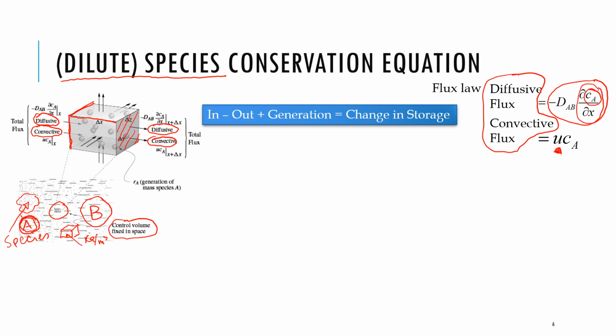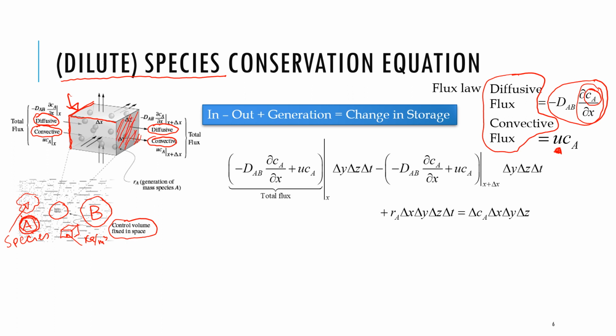So we're now going to say, using that total flux, how much comes in through this face, which has the same dimension as this one. So what's coming through this face is minus DAB del Ca del x plus u Ca.